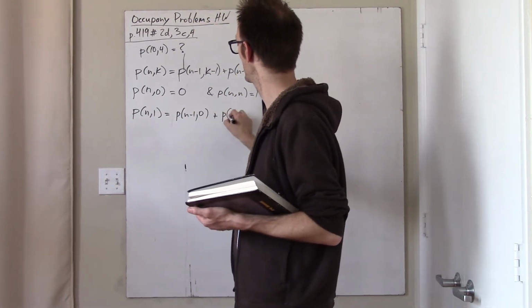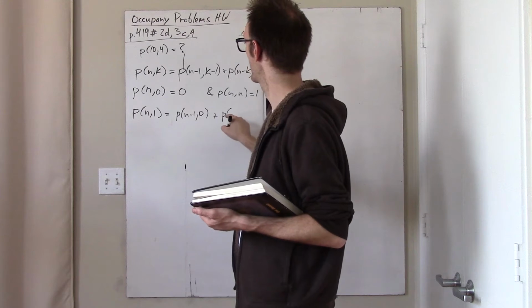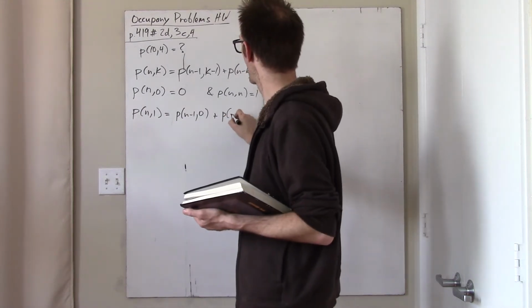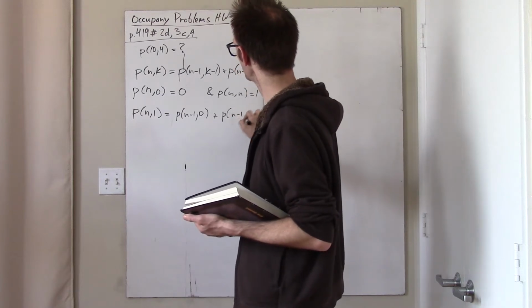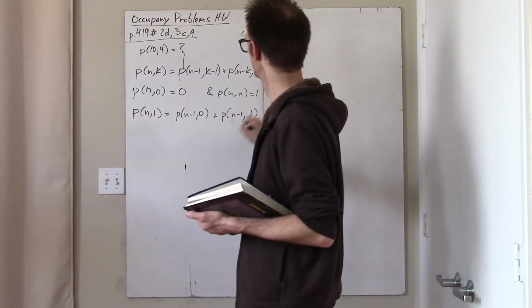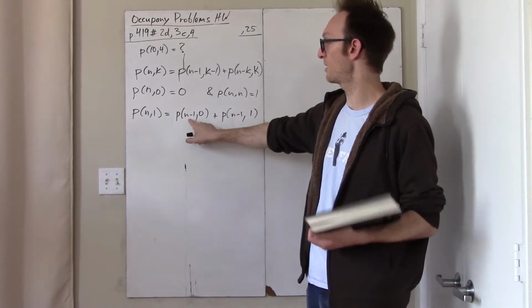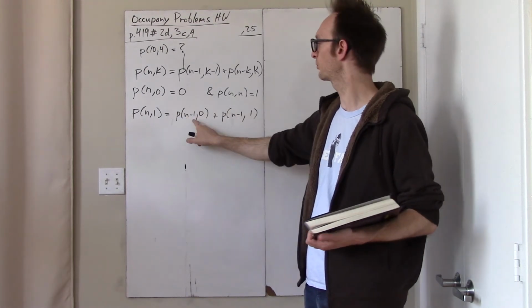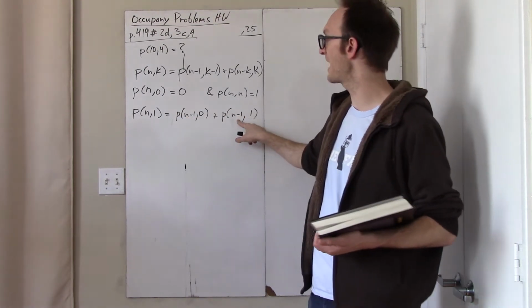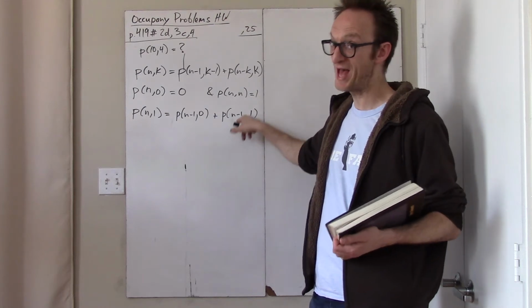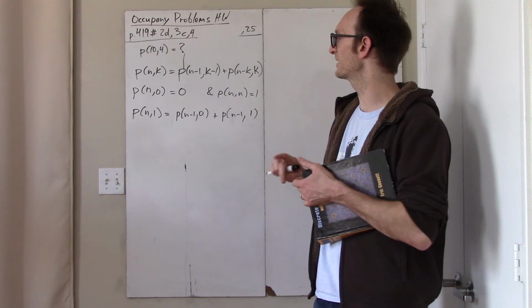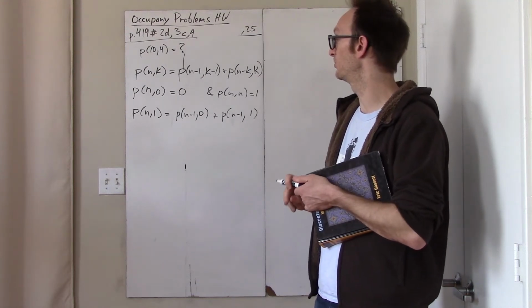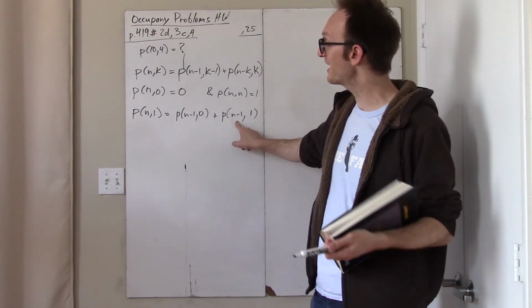You're left with P(n-1, 1). Now that's just 0 by the base case of this recursive rule, and this just drops down by 1. And then if you just do that, like, n minus 1 more times or something, you'll eventually get down to P(1,1), I suppose.